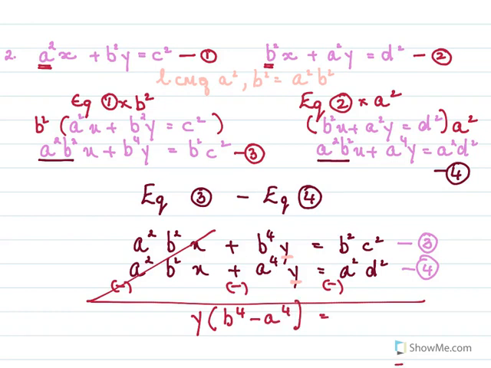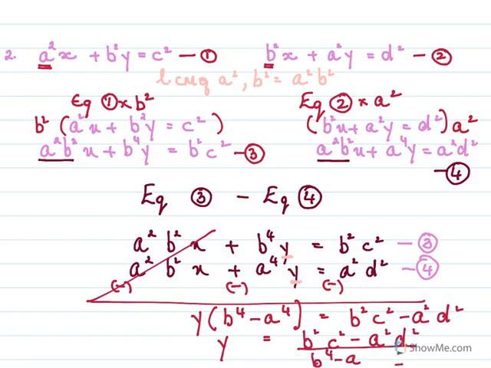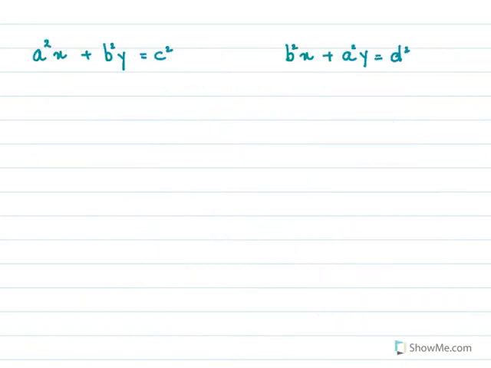That is equal to b square c square minus a square d square. So your y will be now equal to b square c square minus a square d square over b4 minus a4. In the earlier part we had equated the x coefficient and we got y.